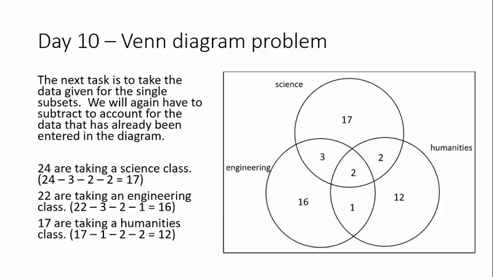And again, just to remind you, when you add all these up, you should get the total that's given to you in the data. 12 plus 2 plus 2 plus 1 is 17. In the engineering ring, 16 plus 3 plus 2 plus 1 is 22. And in the science area, you need to add all these. 17 plus 3 plus 2 plus 2, that's 24, which is designated in the science class.